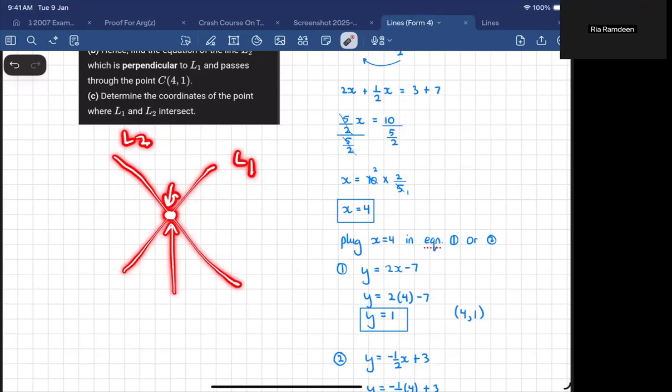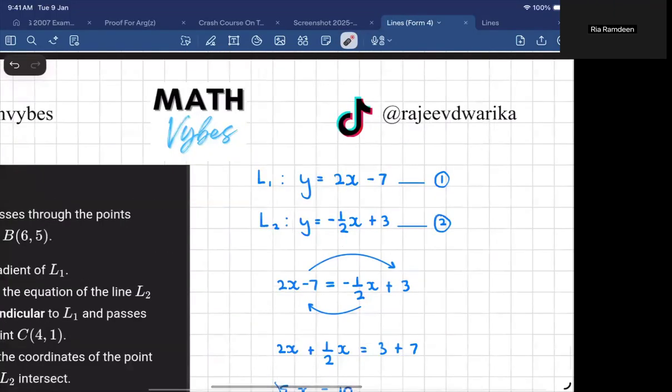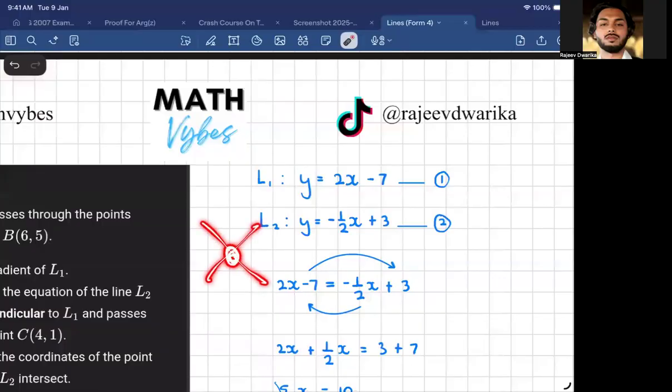So if that point is on both lines, then the values should satisfy both equation 1 and equation 2. And we got 4, 1. The point we just found passes through both lines, so it should satisfy both equations. Let's see if that's the case.